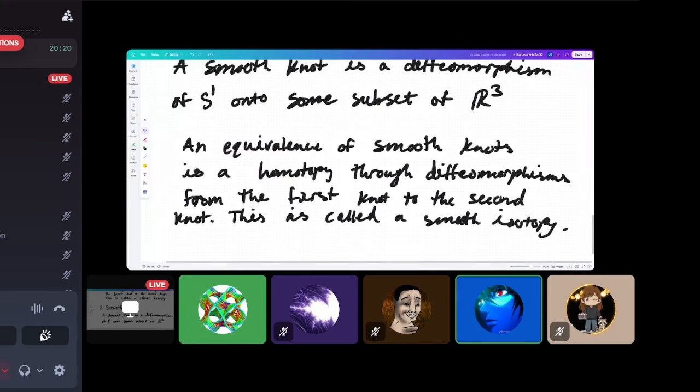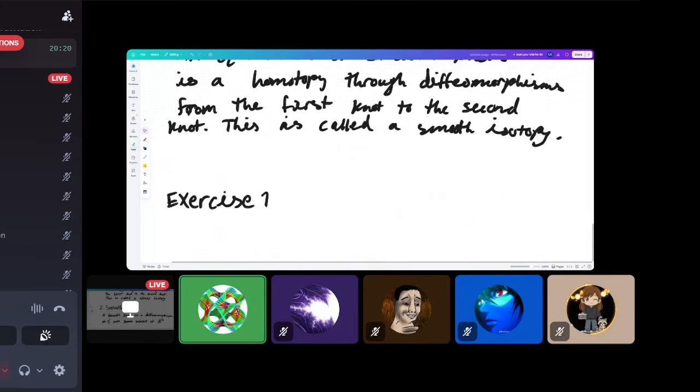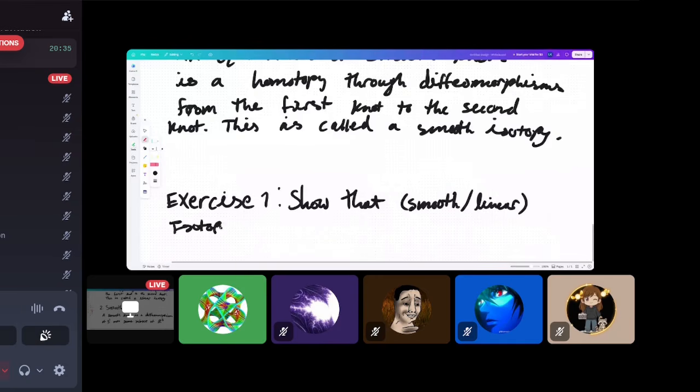Okay. Thank you. Exercise 1. Show that smooth/linear isotopies form an equivalence class.